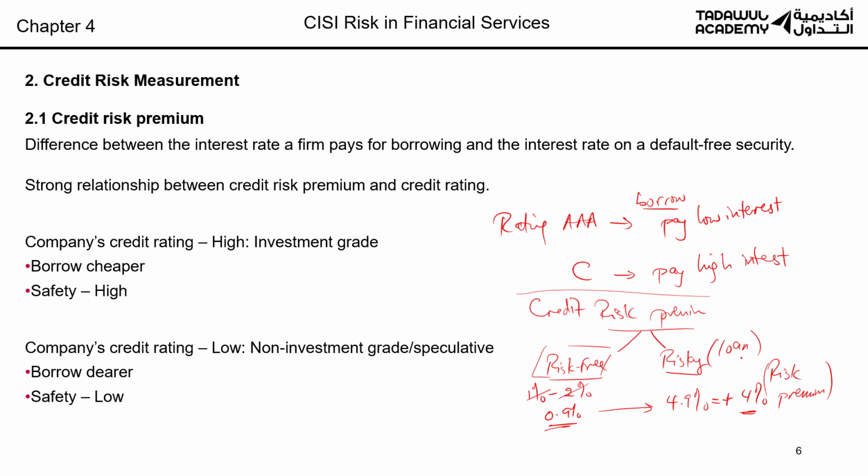Give Kareem a loan and charge Kareem 4.9% on the loan. Now, the bank is making more money, but the bank is now taking risk. So credit risk premium tells you the difference between the rates that the bank is paying and the bank is receiving because it has chosen to take risk.